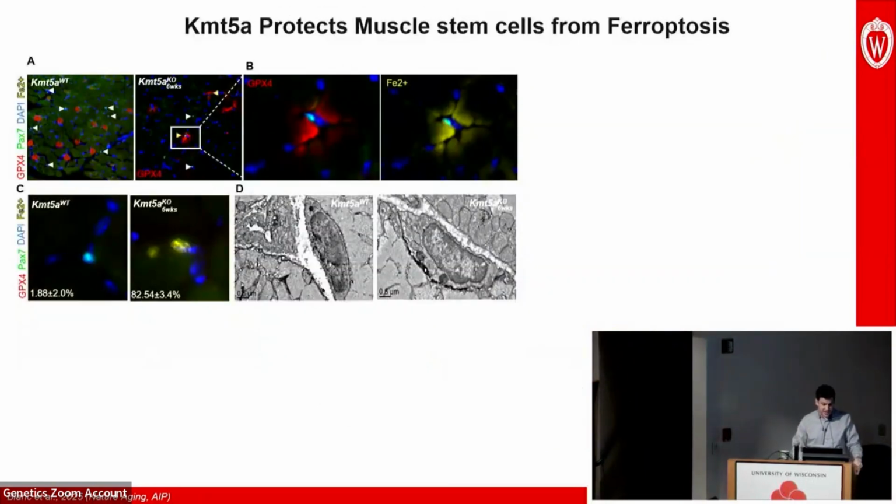And so we started to look into the knockout again. We looked at GPX4 localization, and what we found was that in the wild type, GPX4 was rarely distributed in muscle fiber, but in the knockout, it was always near an iron-rich region that was often around the PAX7 cells, or muscle stem cells. So that got us wondering, why is there iron around the stem cell?